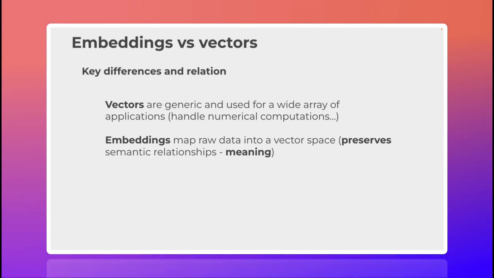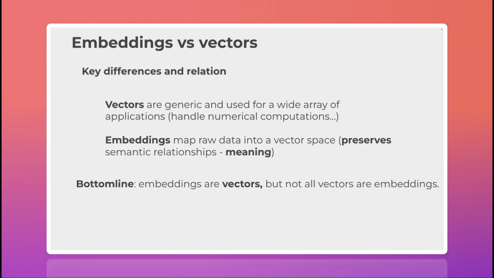This is very crucial because this is the core of AI as we know it. In artificial intelligence and machine learning, we need vectors that also have some sort of metadata attached to them. Embeddings allow us to put raw data into a vector space, while also attaching these semantic relationships, meaning, to that data.